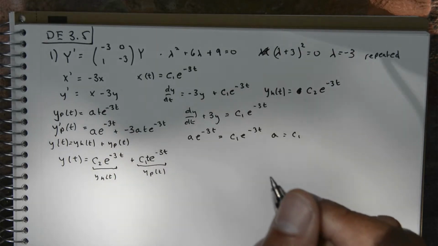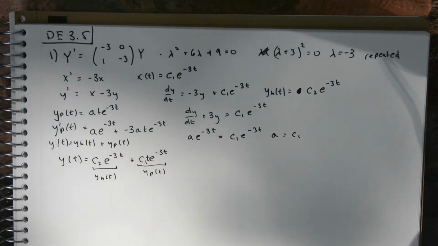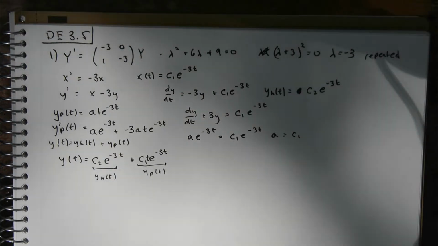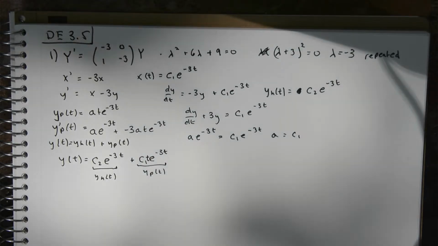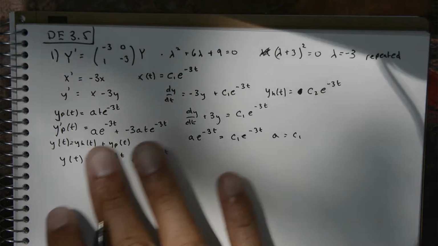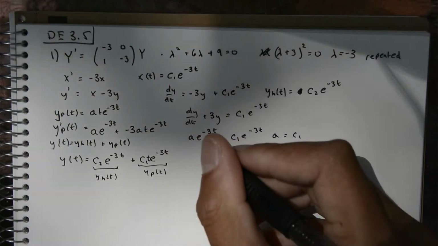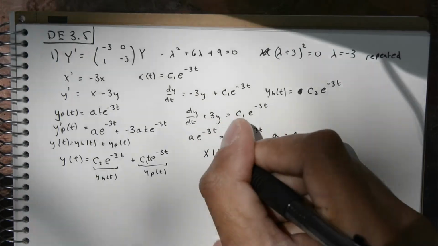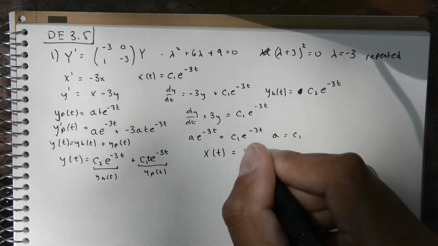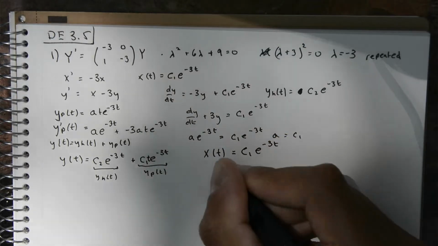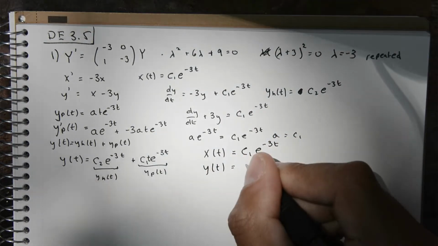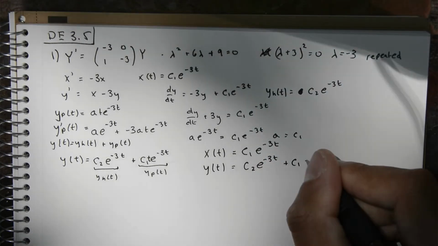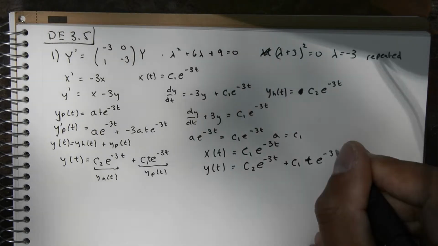What's next? In this case, I think that c1 and c2 are actually the initial condition. But anyways, our solution is x of t is equal to c1 e to the minus 3t, and y of t is equal to c2 e to the minus 3t plus c1 t e to the minus 3t.